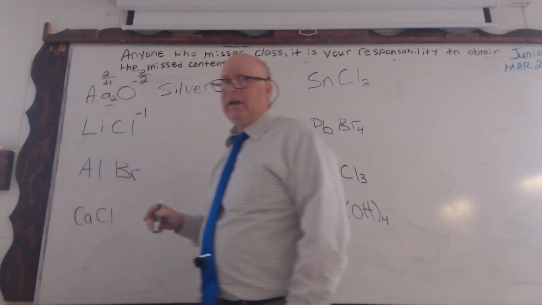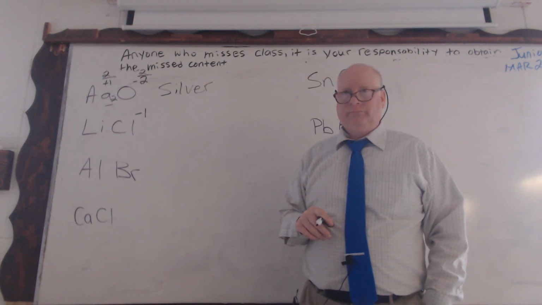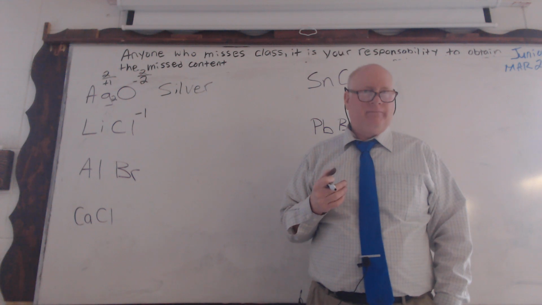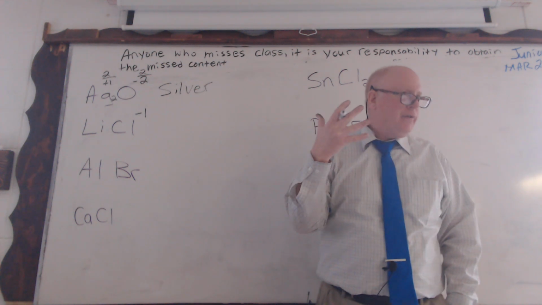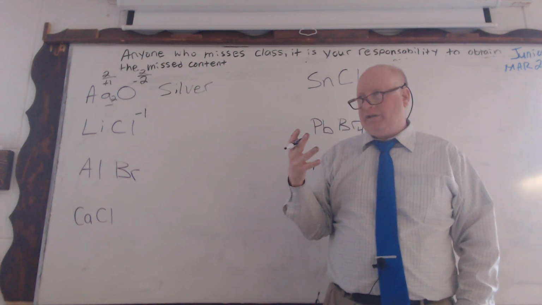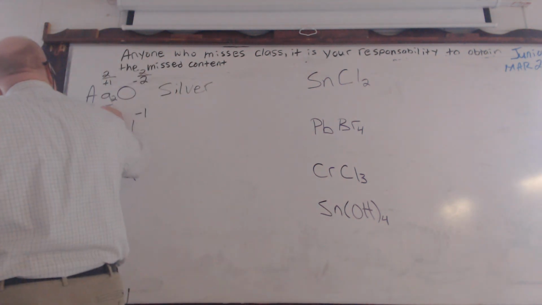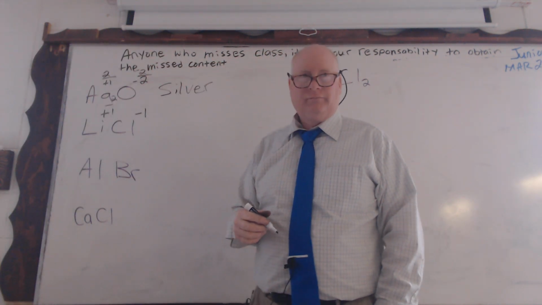Lithium is in which column on the table? Where's lithium located? The first column. It's element number 3. So since it's in the first column, what charge does that have? +1. So do these charges add up to 0? Yes, it does.